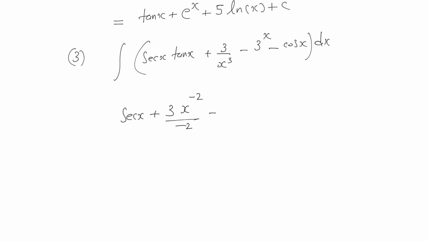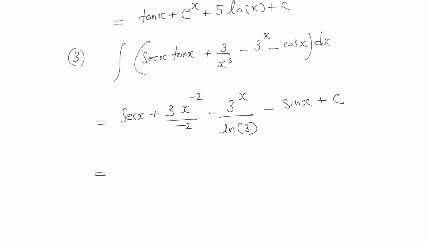This is an exponential form, like a raised to x. Integration of a raised to x dx is nothing but a raised to x divided by ln of a. So over here it is 3 raised to x divided by ln of 3, minus integration of cos x dx, which is nothing but sin x, plus constant of integration c.